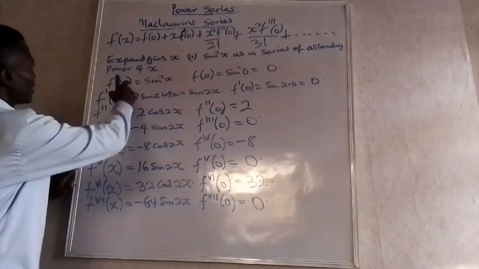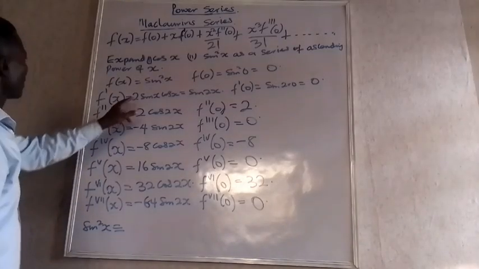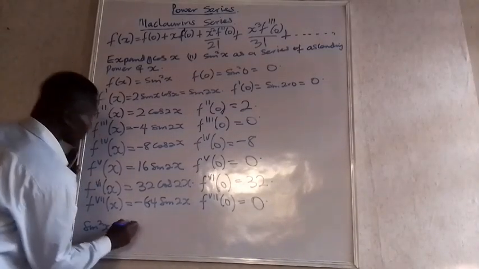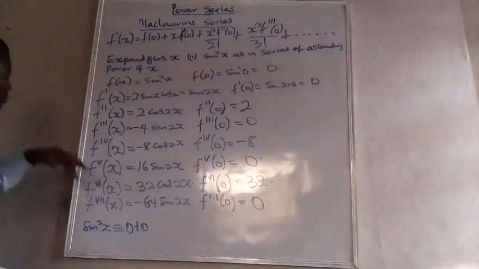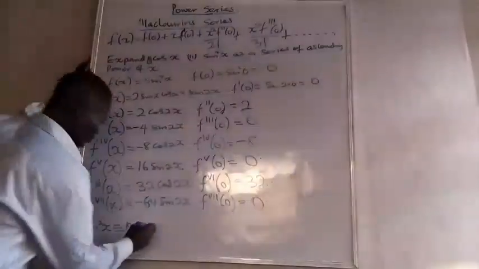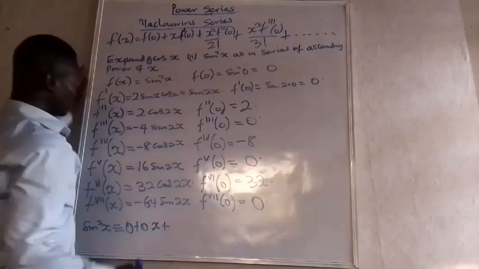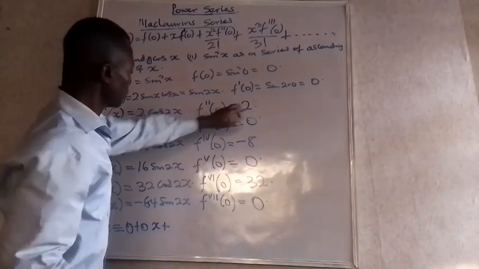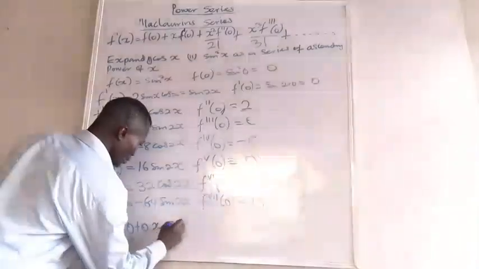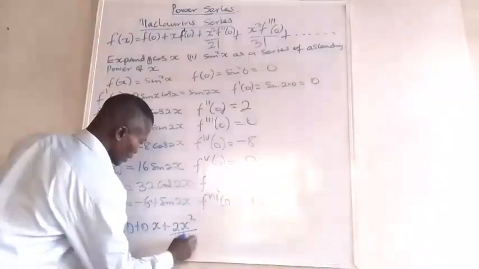It means that sine square x can be expressed again as, what is the first one? 0. The second one, 0. What is the third one? 2. Okay. 2x squared over 2 factorial.